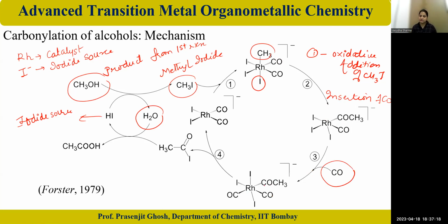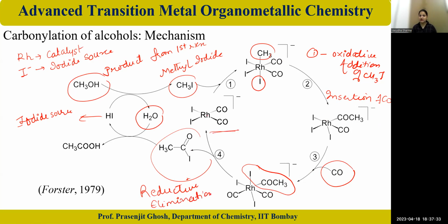Since COCH3 and iodide are cis to each other, they will leave. This is called the reductive elimination step. It will give you again the Rh(I) species and carbon monoxide, which gives the same thing back.